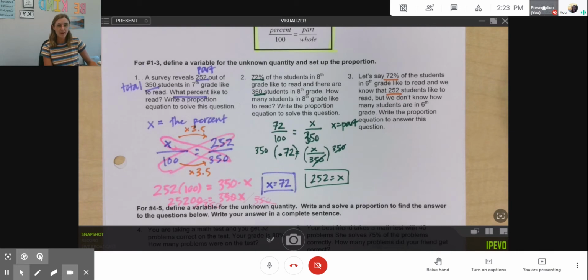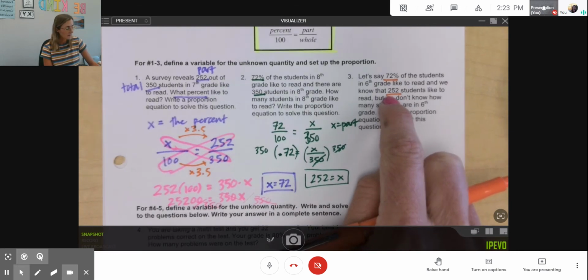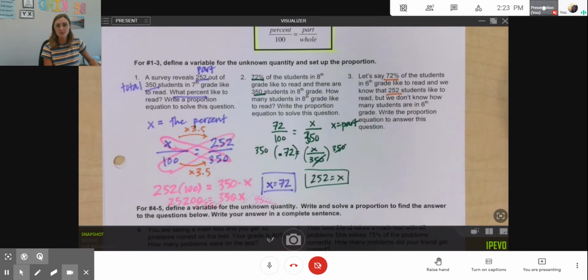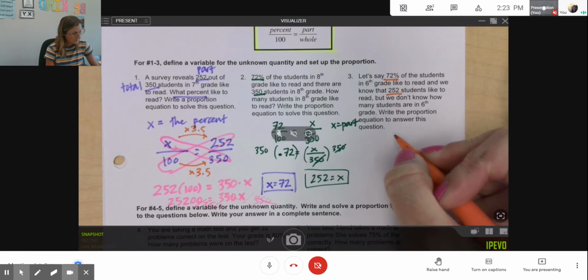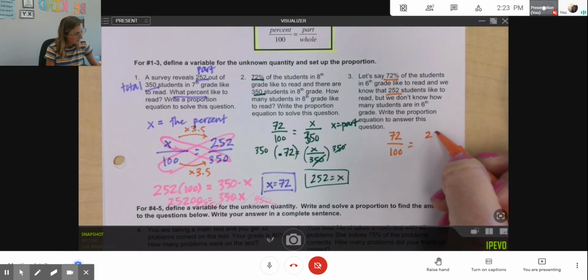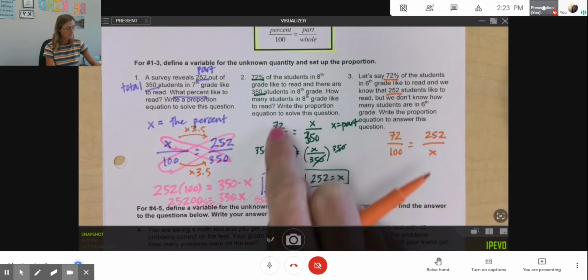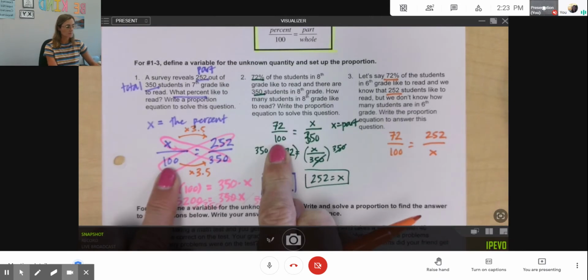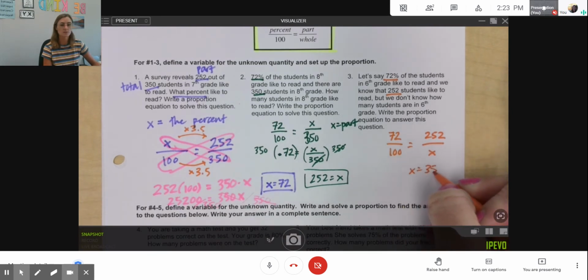We could already tell, because we now have the percent and we now have the part, that we're just missing the whole. And 72 over 100, we know from this problem that x is going to be 350 students.